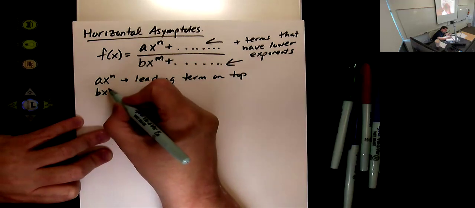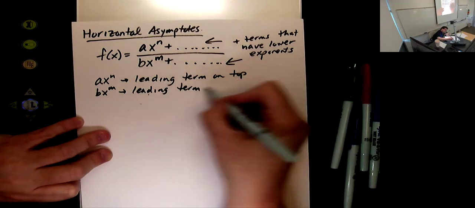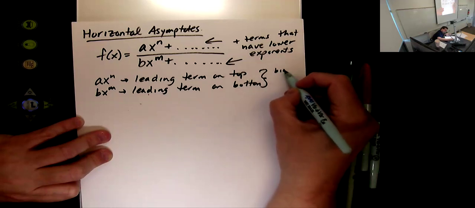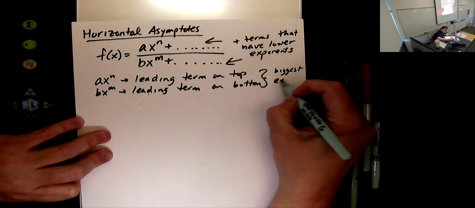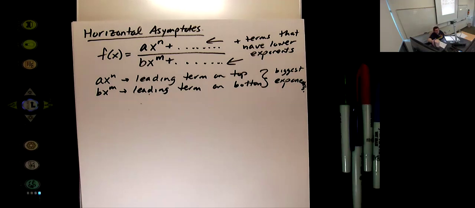And bx to the m is the leading term on bottom. And they carry the biggest exponents for their sides. We need to bring that up because where the horizontal asymptotes are very much depends on n and m.